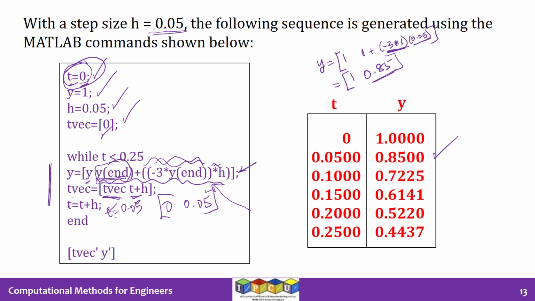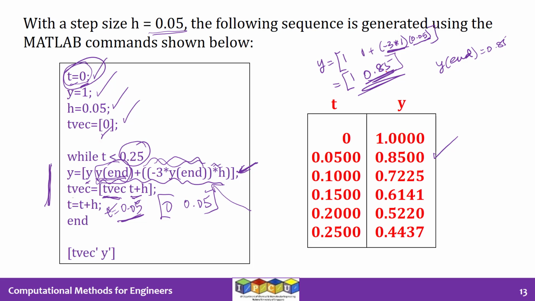T is 0.05. It is less than 0.25. Therefore, this statement will execute again. Now y will be this, right? When it gets into this statement, y will be 1 and 0.85, and y end will be 0.85 because that's the last value of y.